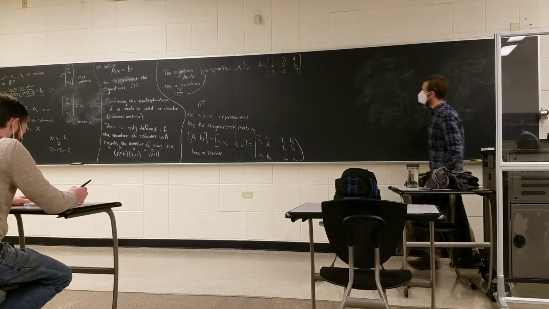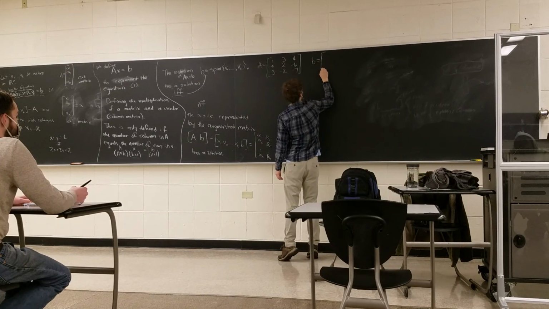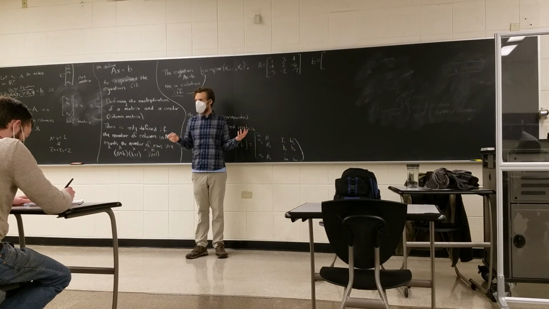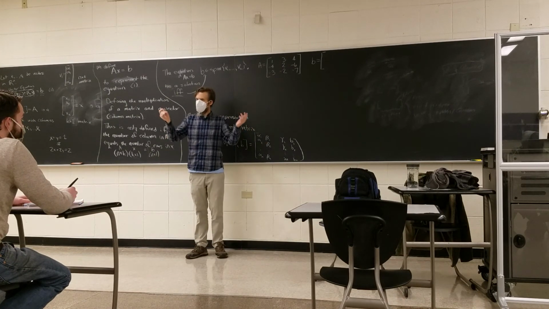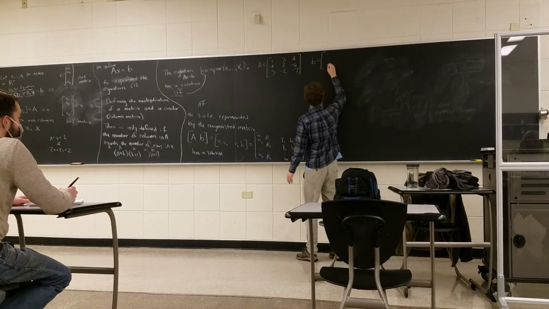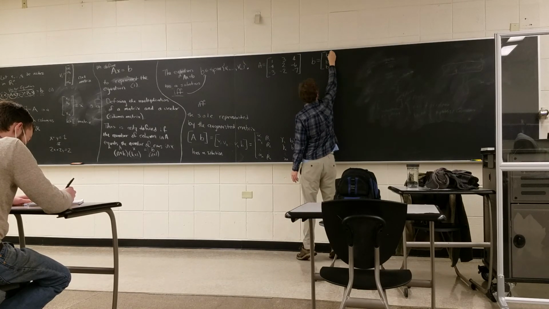No, I went straight into it. So we're going to say this is a general b. What is a general b? It's a b where all of the entries are undetermined. We're just going to put variables in there, and we're going to try to figure out when we can solve this thing. So b1, b2, b3.